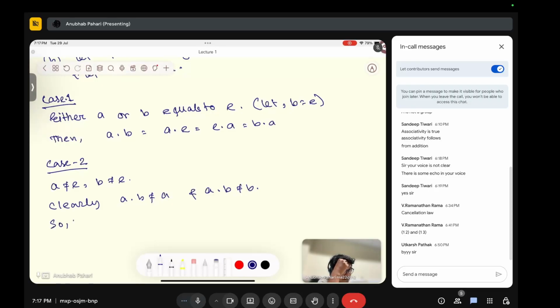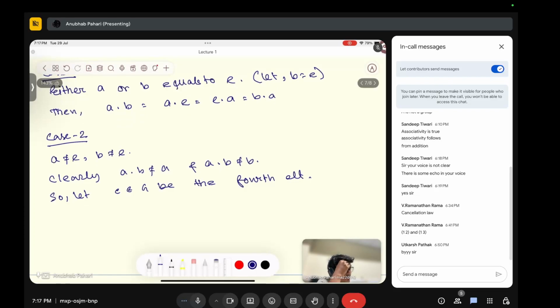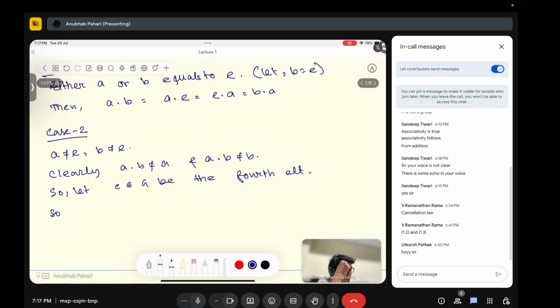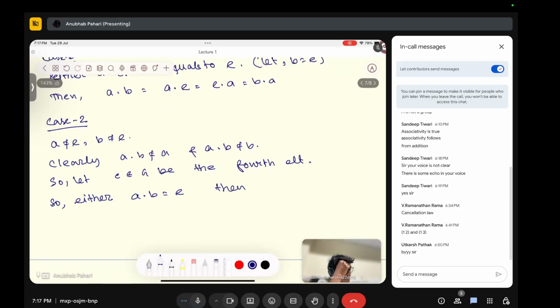So let C belonging to G be the fourth element. So here, either A dot B equals E, then A dot B equals B dot A, as in the previous case, or A dot B equals C, right?